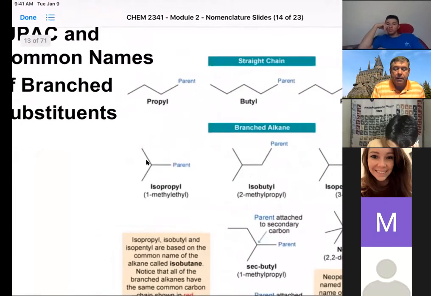So the methyl and ethyl are pretty easy because we only have one isomer of that, right? So methyl can only ever be methyl because there's only one carbon there as your side chain. Ethyl can only be ethyl because there's no way to branch that. There's no other isomer available to it. However, once we get to 3 carbons, we now can have 2 different isomers, okay?